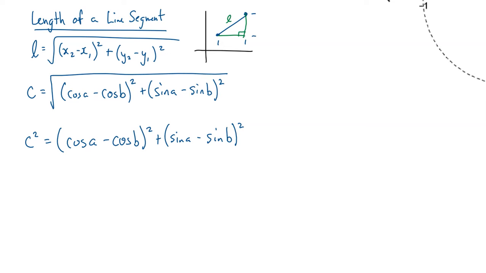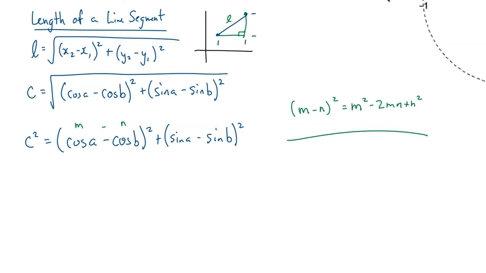I want you to think of this as m minus n all squared, or m plus n all squared. M minus n squared is m squared minus 2mn plus n squared.